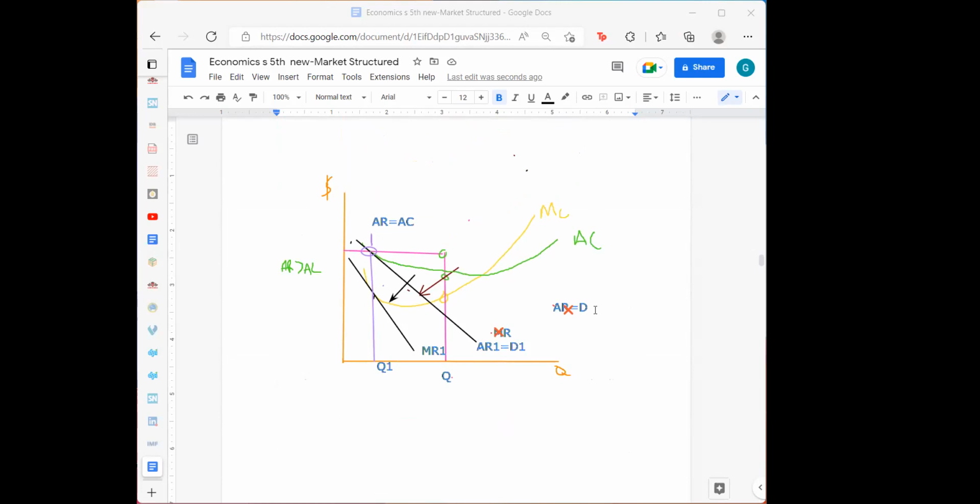Now, profits are going to attract other companies to enter. Look at any industry, food, clothing, any industry that is considered monopolistically competitive. It's going to attract firms to enter because they want that money.